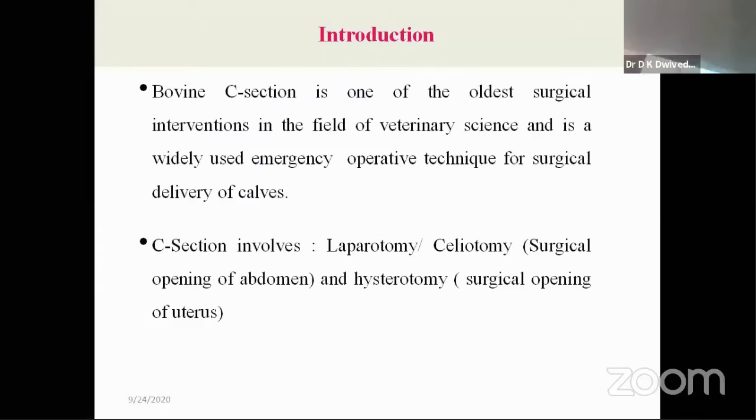First is the laparotomy or celiotomy, that is the surgical opening of the abdominal cavity. And the second procedure is the hysterotomy, that is the surgical opening of the uterus. And after opening of the uterus, we remove the fetus.